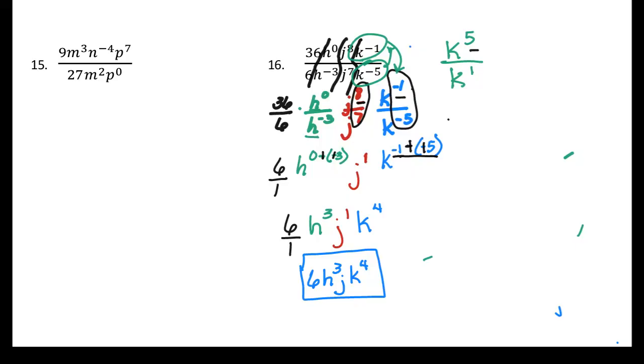And then when you subtract, guess what? You're still going to get k to the 4th. So whether you do it by subtracting or by moving the negative to the opposite part, you will still get the same answer. Excellent, excellent question. Does that make sense to you?